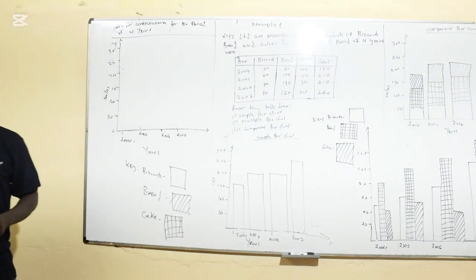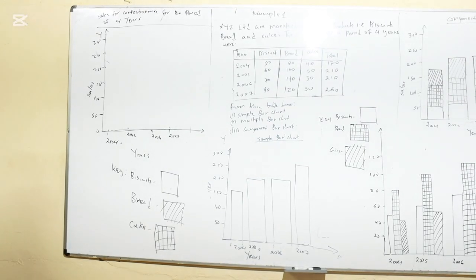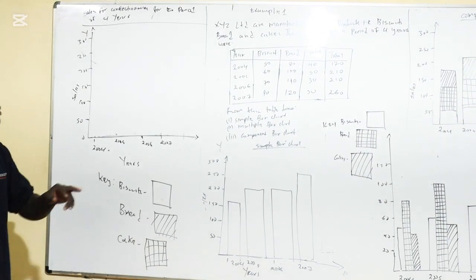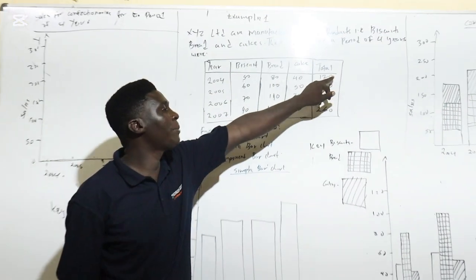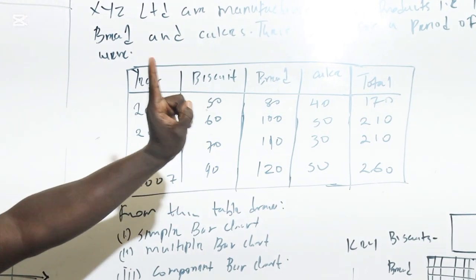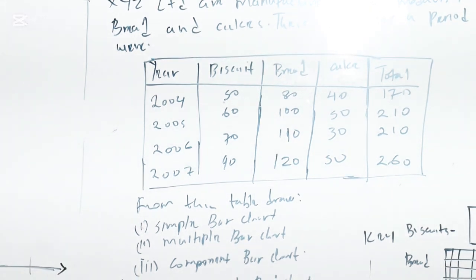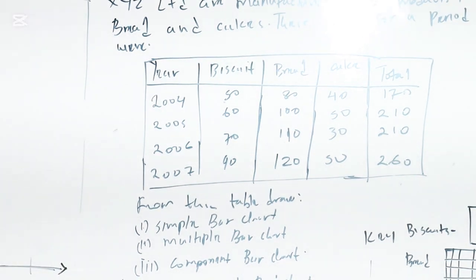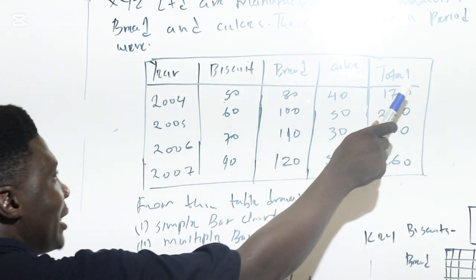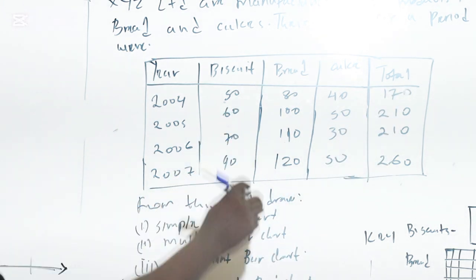But the difference between multiple bar charts and component bar chart is, with component we were still using the total of each of the three products, then we subdivide them as per the amount of each product, then we shade as per the key. But now with the multiple bar charts, we are not going to use the total. Instead, we are going to use each and every product the way they are.